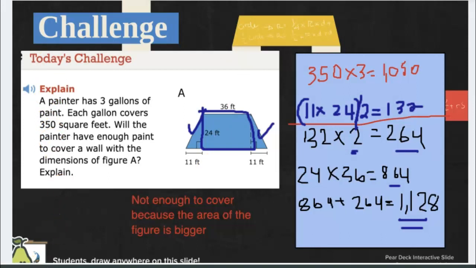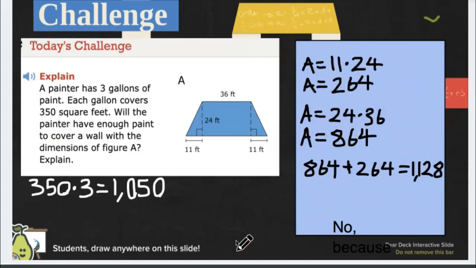All right, let's look at this other example. She multiplied 11 times 24, so 11 times 24 equals 264. If you notice, it was not divided by 2 because this triangle could be carried over here. They are identical. We know it's identical because that's 11 and that's 11, so we could carry it over here.